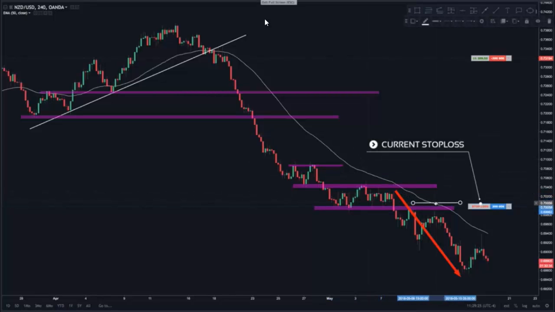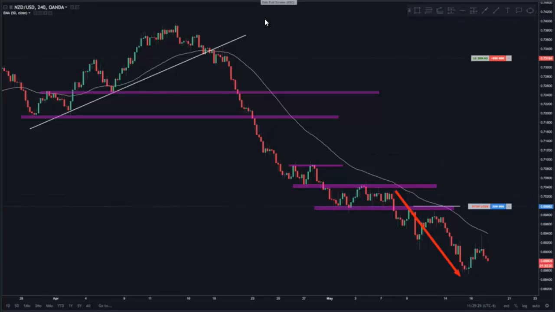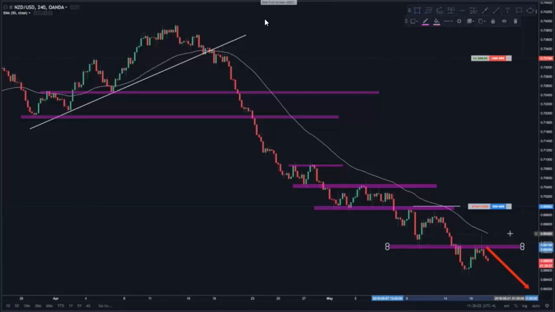We also have it a little bit tighter because of how extended and oversold the daily time frame is. Now, moving forward, if this trade tanks down further, we'll then move our stop loss above the swing high here of the candle, locking in more profits.